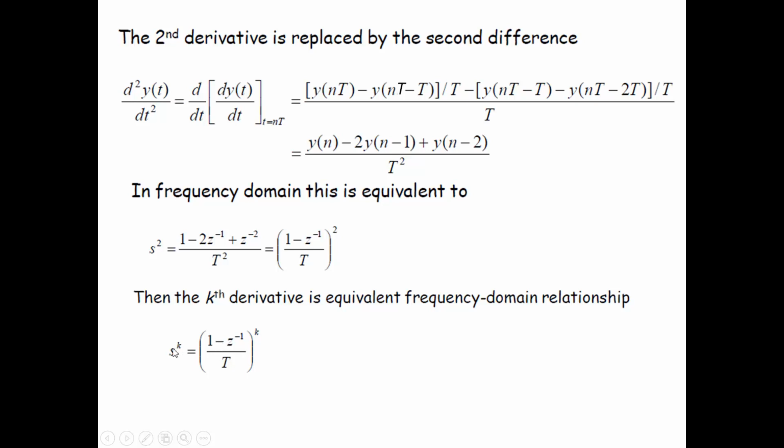So if it is s, it will be (1 minus z to the power minus 1) by T. If it is s square, ((1 minus z to the power minus 1) by T) whole square, and so on. This will be the transformation that we use in the method of approximation of derivatives to convert a differential equation to a difference equation.